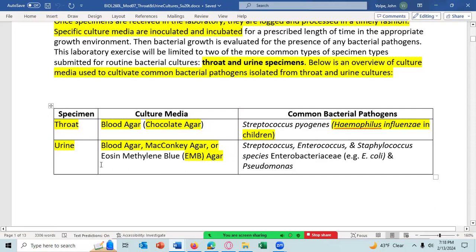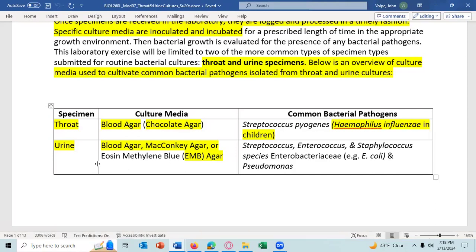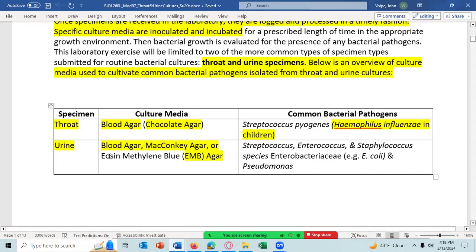All right. For urine cultures, we grow them always on two media, even if you only have one urine sample from one patient, you always grow that on two media. We first grow it on blood agar, and that will obviously grow fastidious organisms and gram positives and gram negatives.